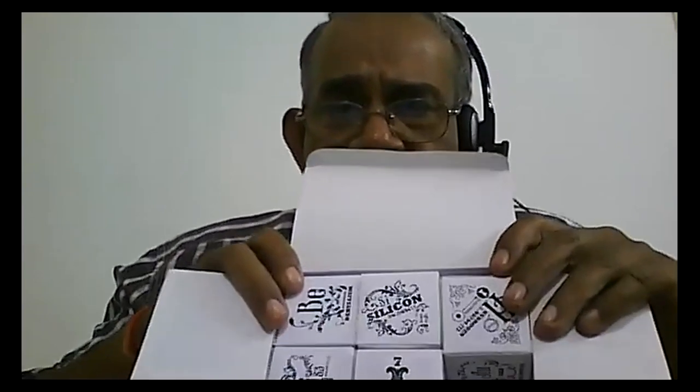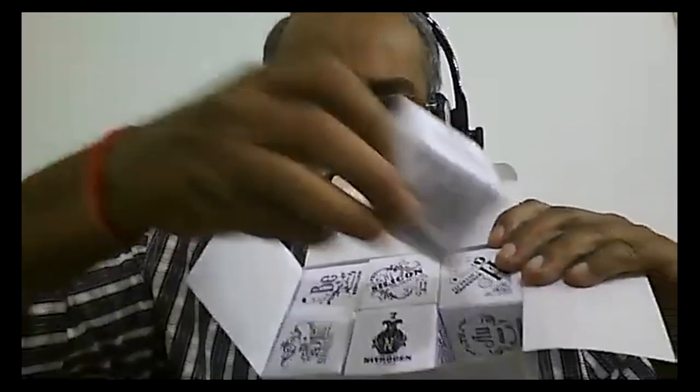Similarly, we have another 5, so in a box there are 6 cubes, 6 elements each. That means 6 into 6, 36.